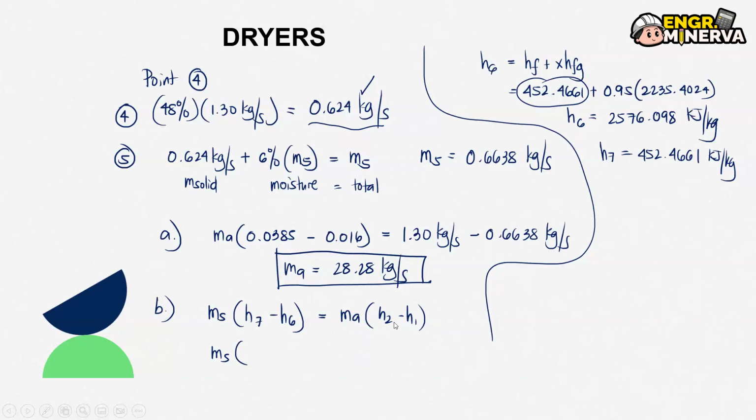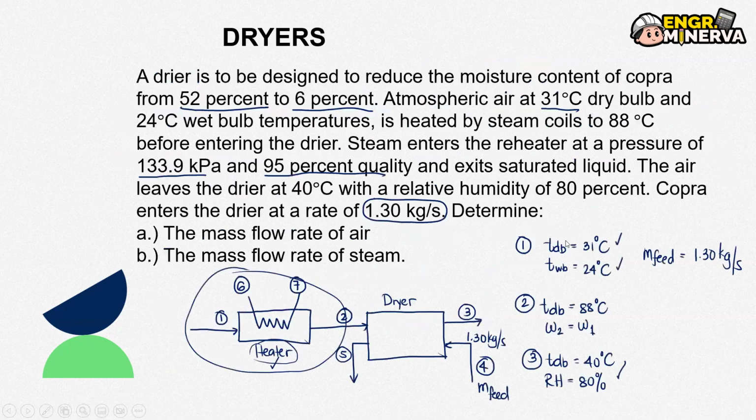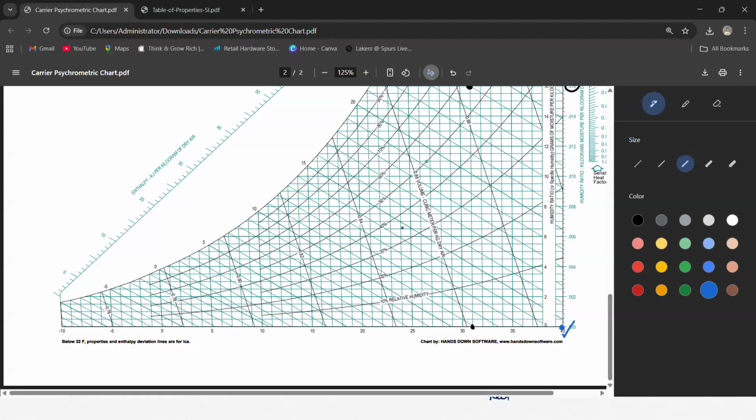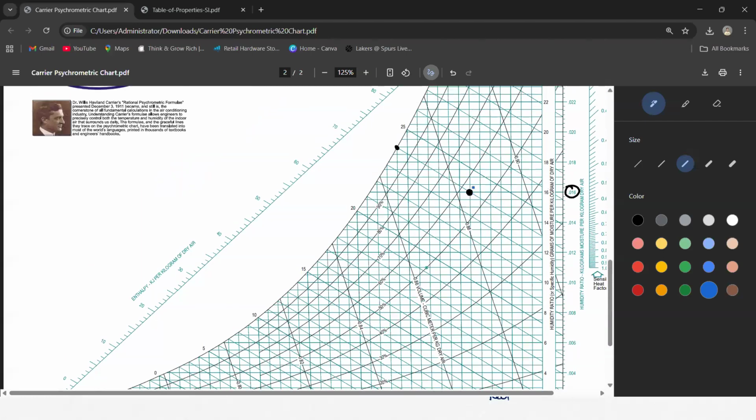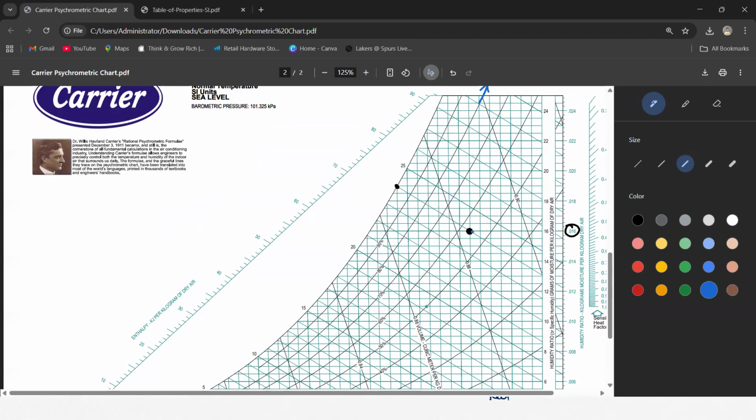What we don't have is enthalpy at 2 and enthalpy at 1. I think we could get your enthalpy at 1 using our psychrometric chart. So what would be the enthalpy here? I will use a ruler on my laptop.